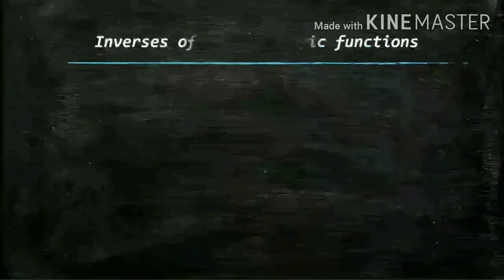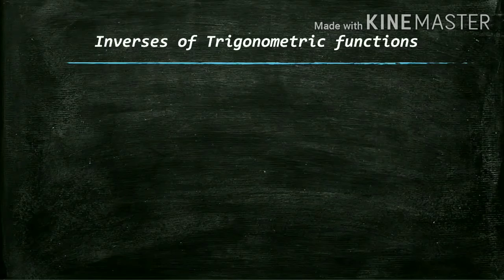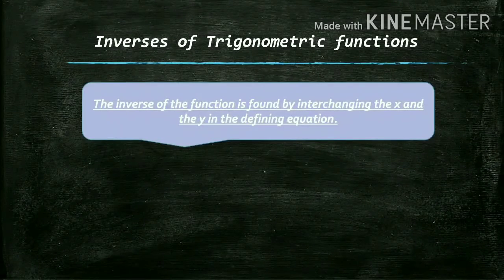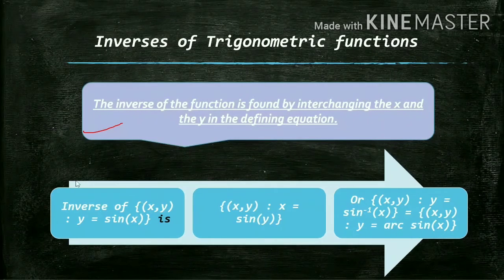So let's now have inverses of trigonometric functions. Now the inverse of a trigonometric function is found by interchanging the x and y in the defining equation, as I told you. Suppose you have to find the inverse of this set x comma y such that y is equal to sine of x, what will you be doing?